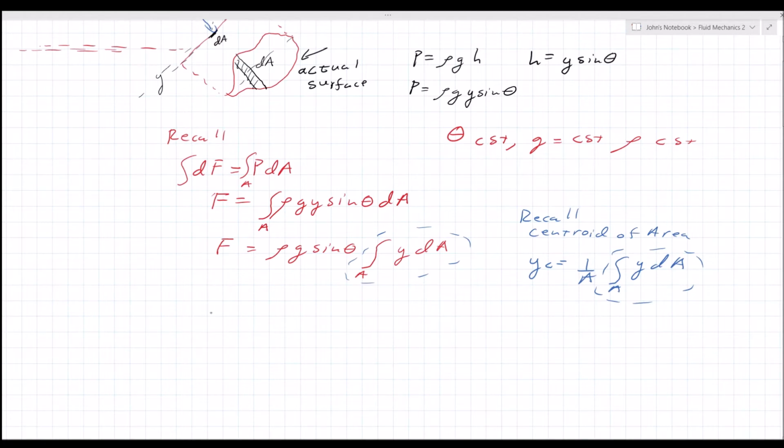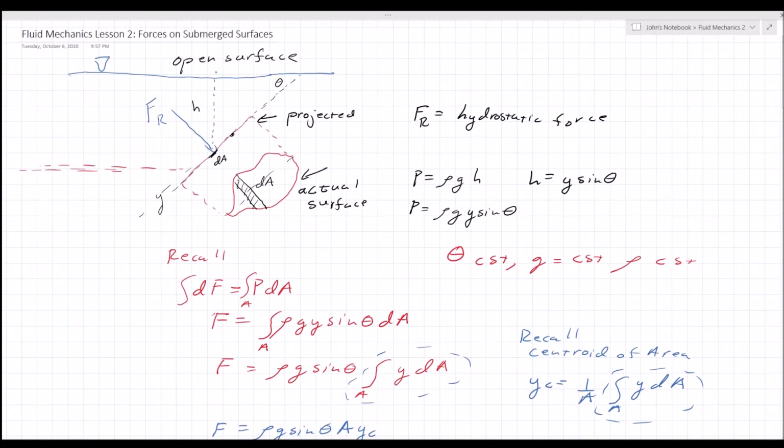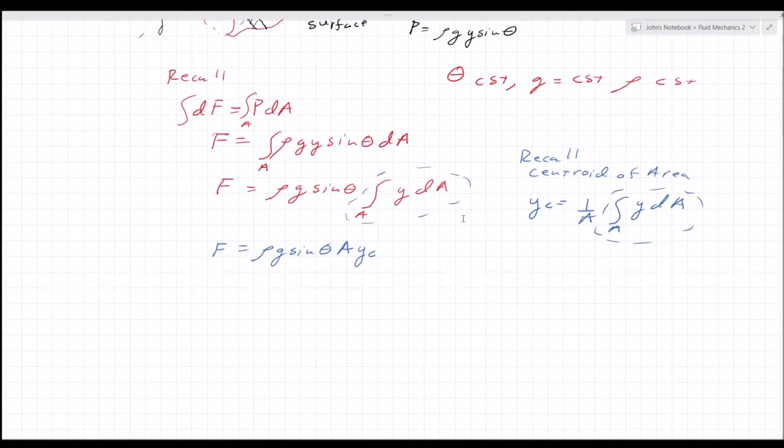Therefore, force is equal to rho g sine theta times the area of the object times the depth of the centroid along this axis that is parallel to my surface.